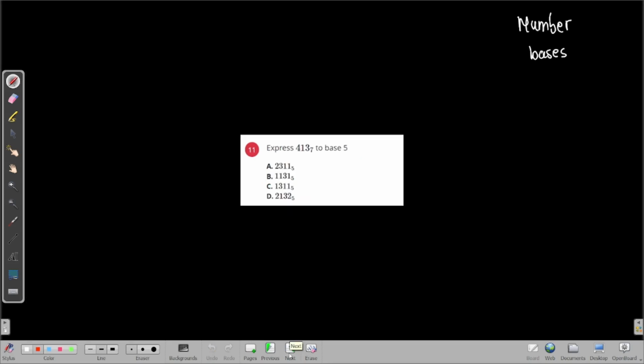Number bases: we have to convert 413 in base 7 to base 5. The first thing you do is to convert it to base 10.